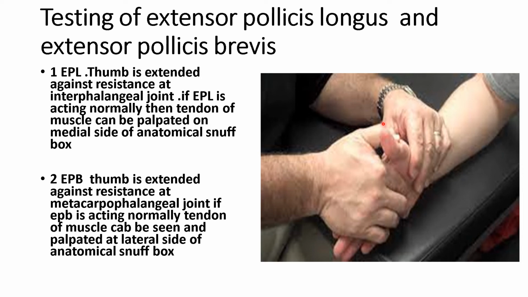Just memorize that the thumb is extended, and in extensor pollicis longus resistance is applied at the interphalangeal joint, and in extensor pollicis brevis at the metacarpophalangeal joint. If the muscle is acting normally, extensor pollicis longus can be palpated on the medial side of the anatomical snuff box, and extensor pollicis brevis on the lateral side. Later I'll show you what the anatomical snuff box is. It is basically a gap between the tendons. Later you can study it in detail.